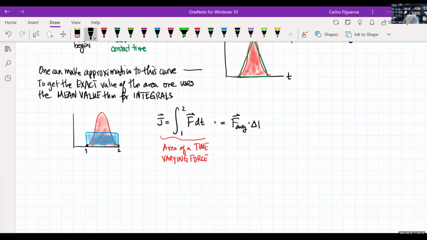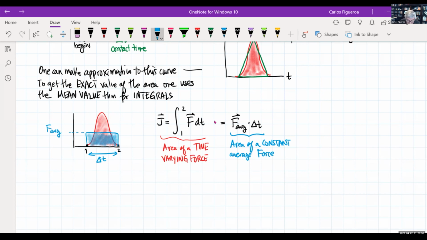And then I look at the exact same time interval. So when I look at this time interval, of course, it's between the exact same times. And then the height of this thing is what they call the average force during the collision. So then this guy here is the area of a so-called constant average force.